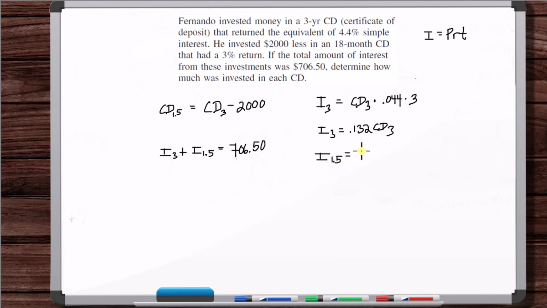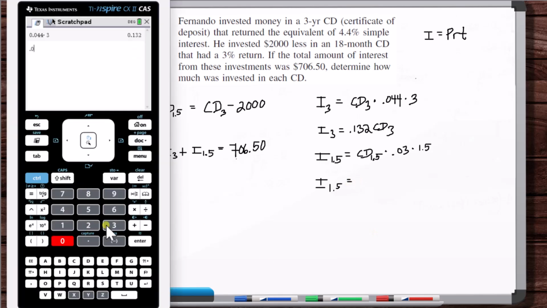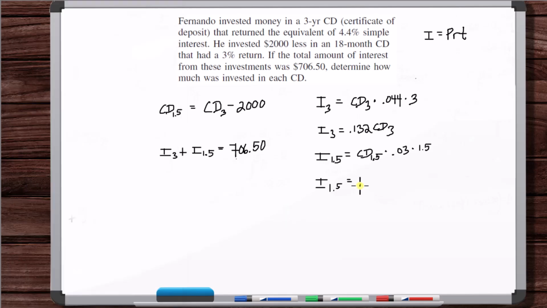All right, it's going to be CD 1.5 times the R 1.5, so this was 3%, times the amount of time for the 1.5 CD. Okay, so I 1.5 is 0.045.